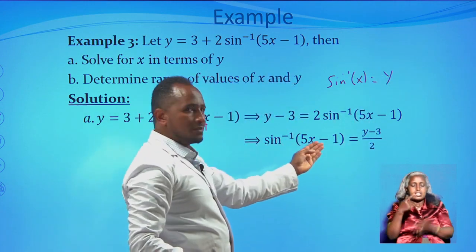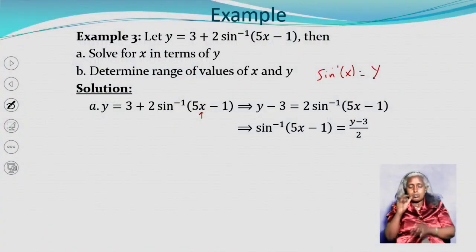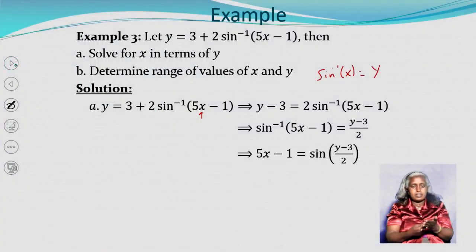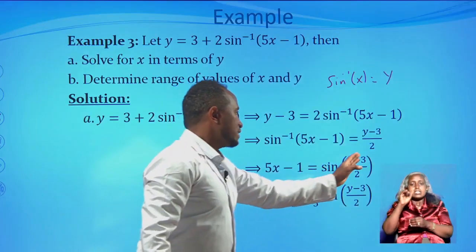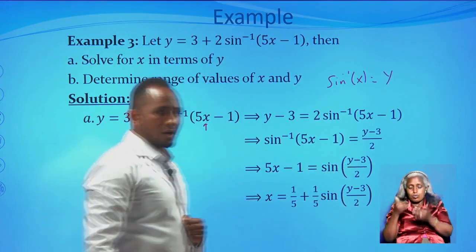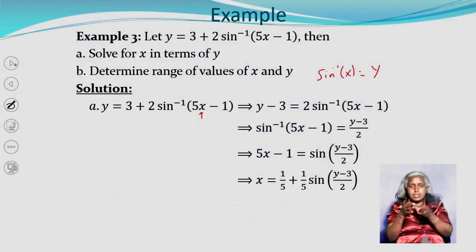So you will have 5x minus 1 is equal to sine of y minus 3 over 2. Taking 1 to the other side and dividing by 5, x is equal to 1 over 5 plus sine of y minus 3 over 2, over 5. So this is the value of x when it is expressed in terms of y.